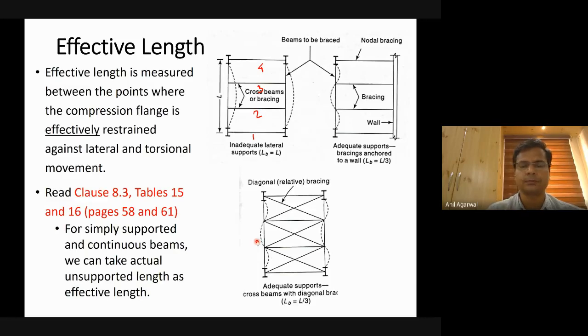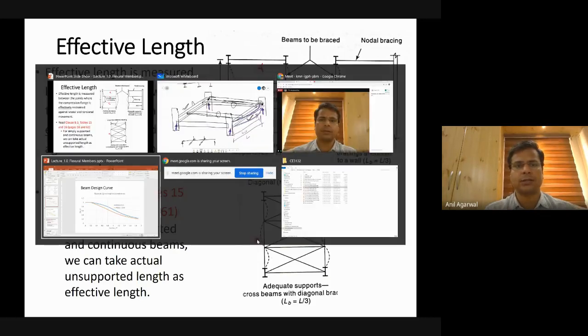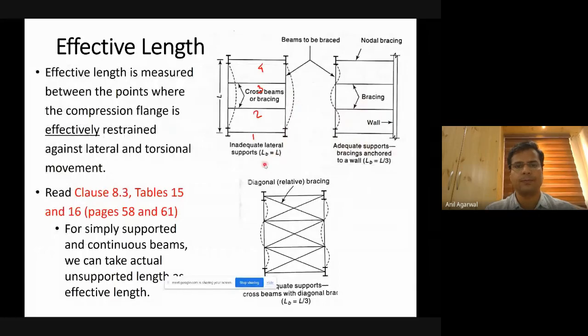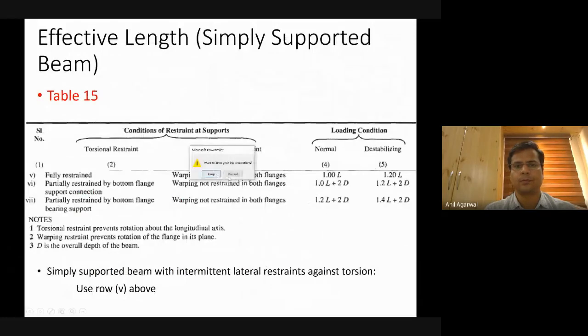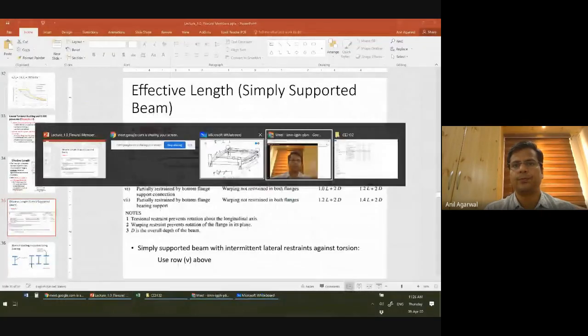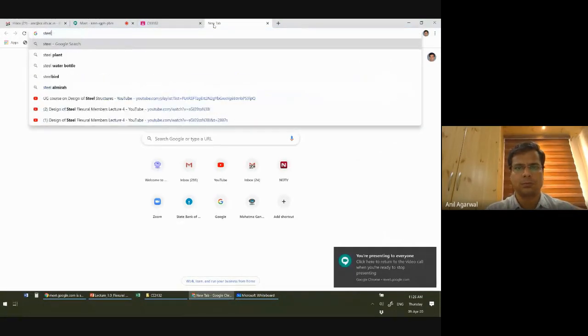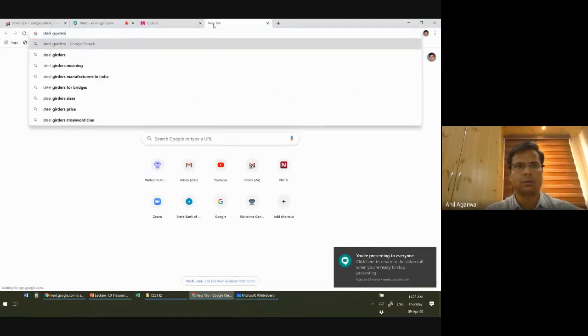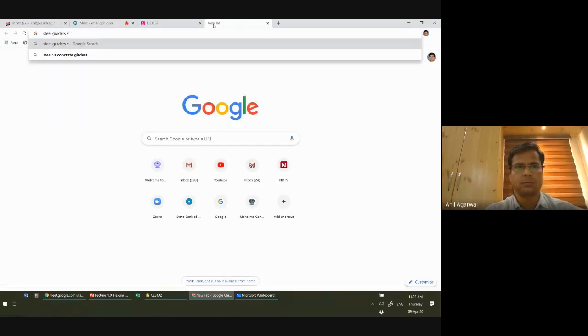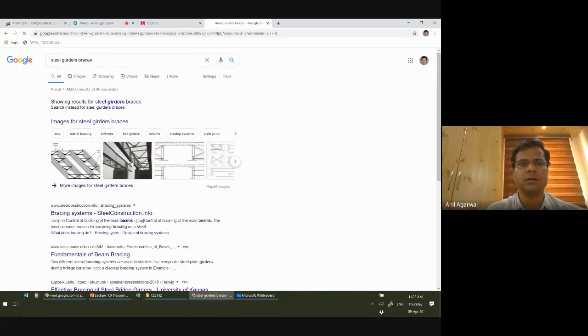All right. Let me try on the internet and search for some photos. You must have seen, whenever you see a steel girder in real life, some similar kind of bracing systems.